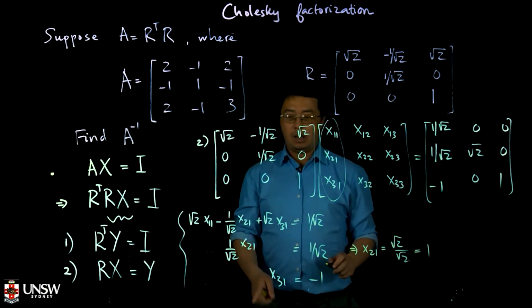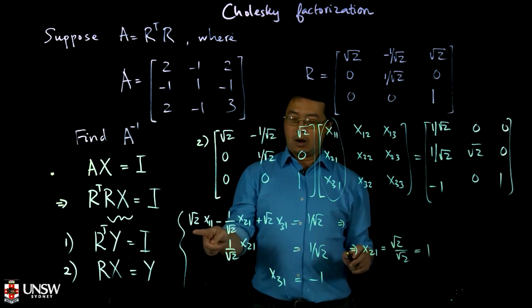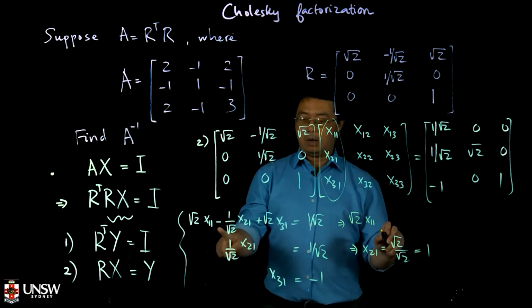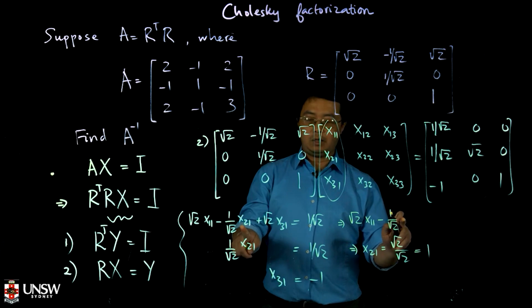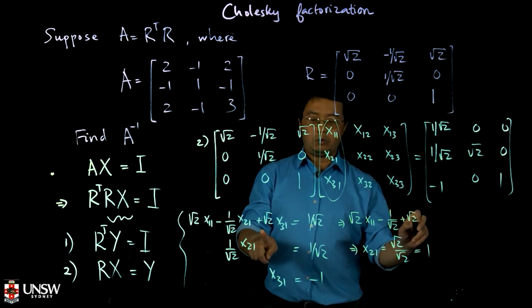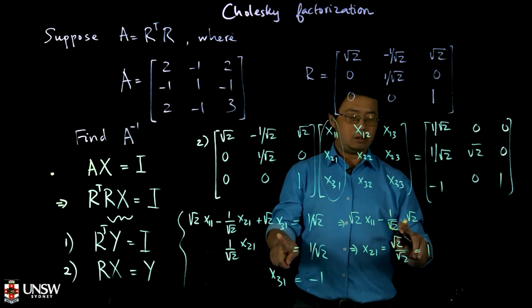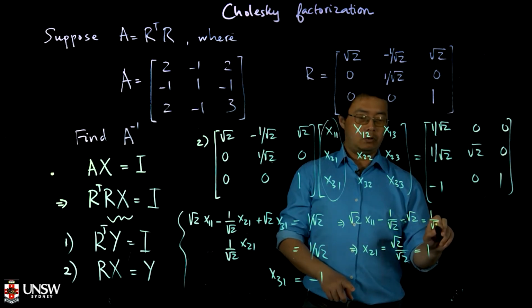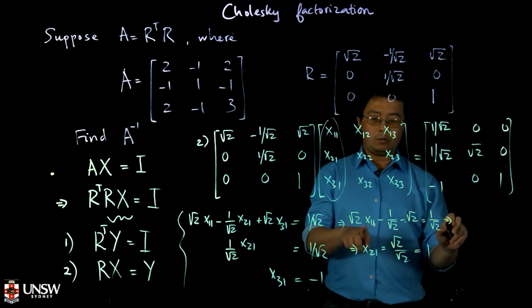Now I can plug it in here. Right now I have square root 2 X11, minus 1 over root 2 times X21, where X21 equals 1, and plus square root 2 times X31, where X31 is minus 1, so I just have minus root 2, equals 1 over root 2. Now I multiply everything by root 2.